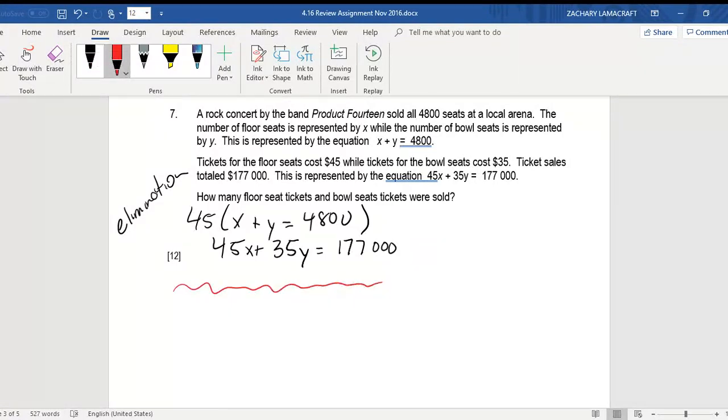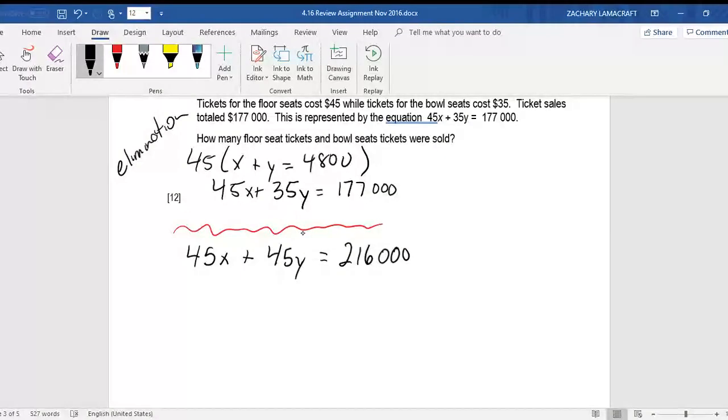So if we do the same thing we did before, 45 times x is 45x plus 45 times y being 45y. And 45 times 4,800 is 216,000. Okay? And then, that is that equation, and we're just going to put this one below it.